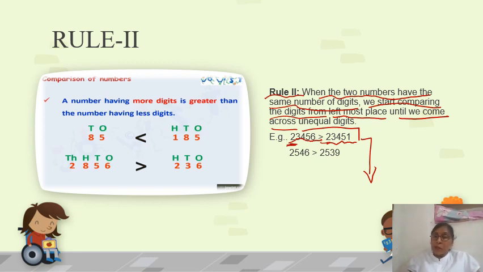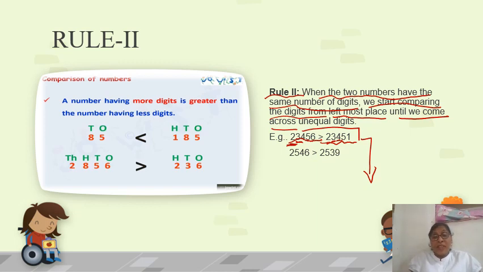Then we go to the next, the digit is 3. Here also 3. Both are the same. Then next 4. Here also 4. Both the digits are the same. Then next 5. Here also 5. Both the digits are the same.